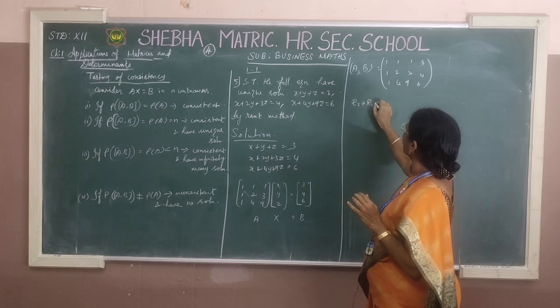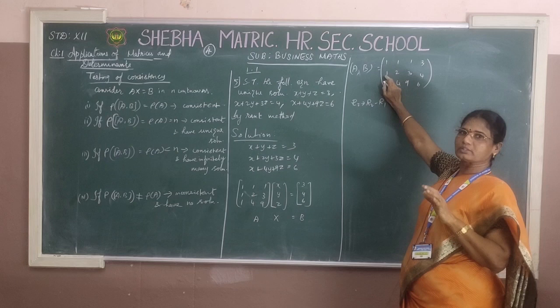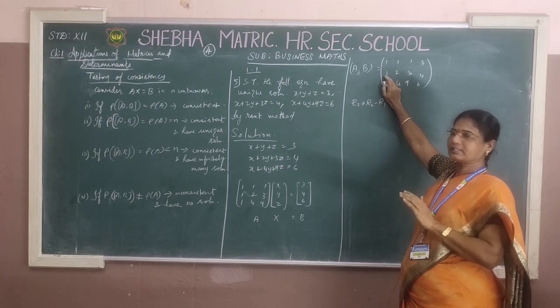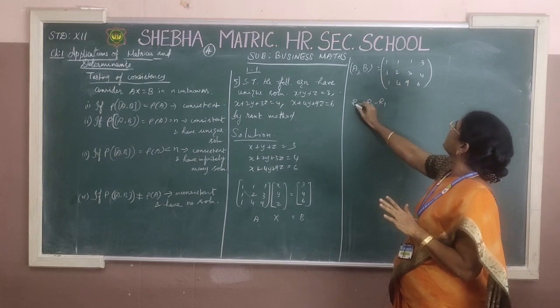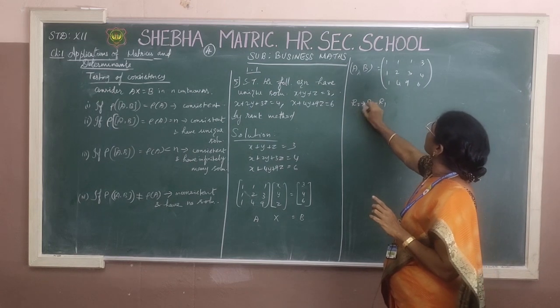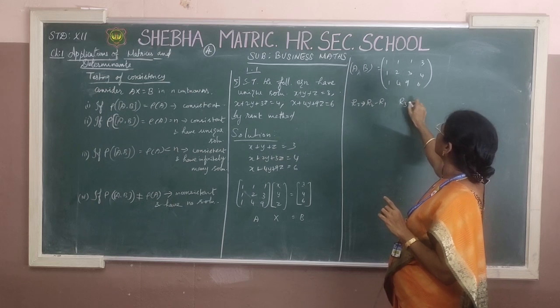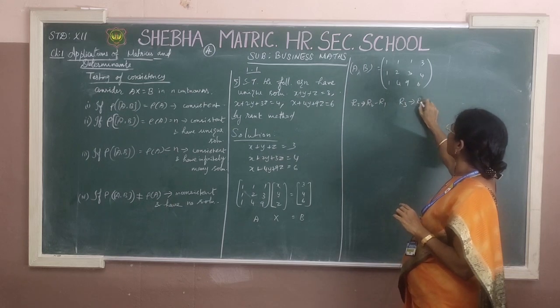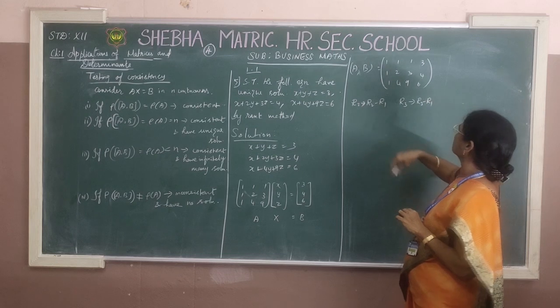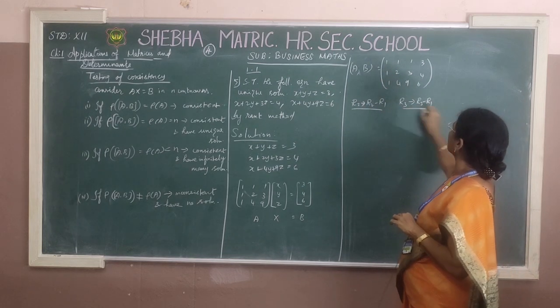R2 becomes R2 minus R1. Here also 1, so if you subtract, we get 0. So in the second row the operation is R2 minus R1. The third row, the operation is R3 minus R1. Here also 1, so we subtract and get 0.